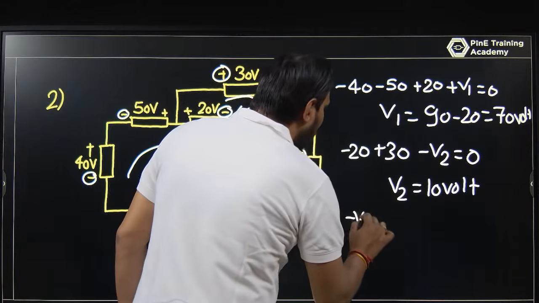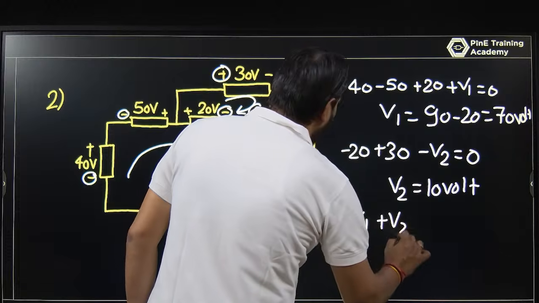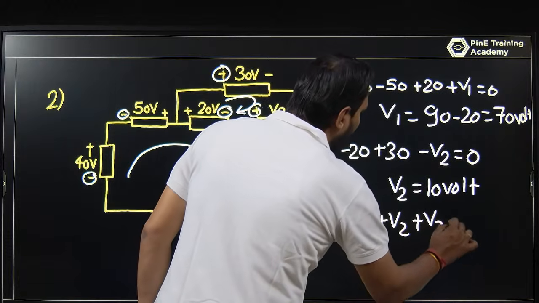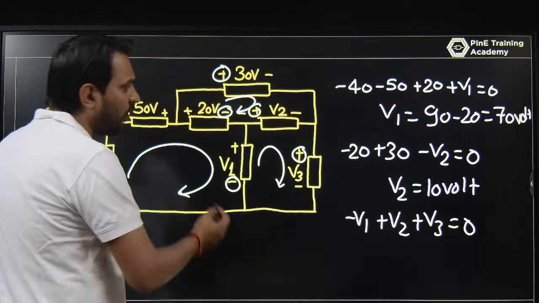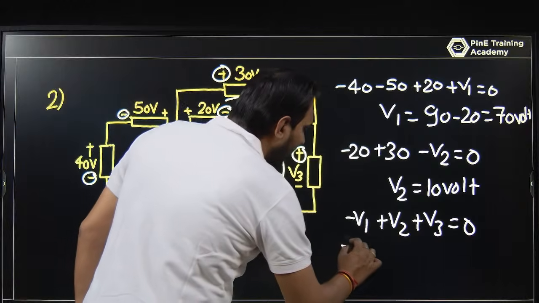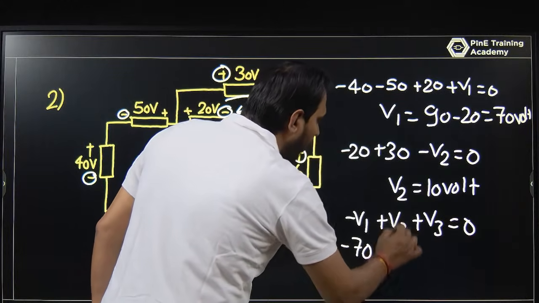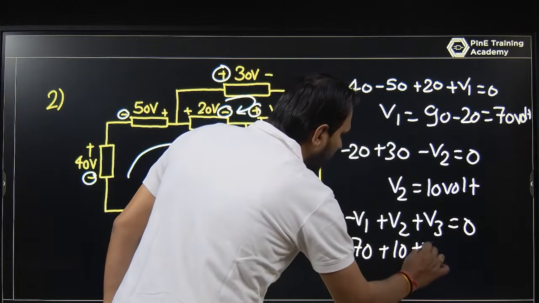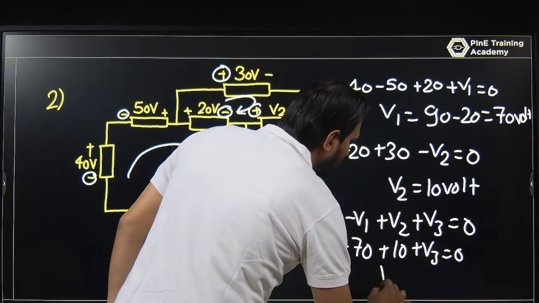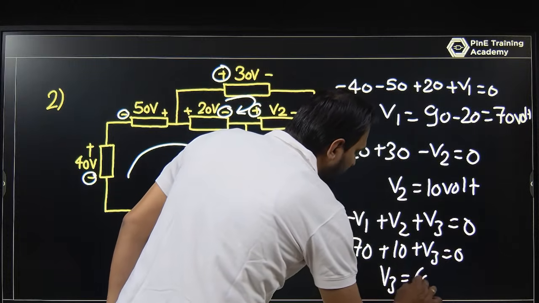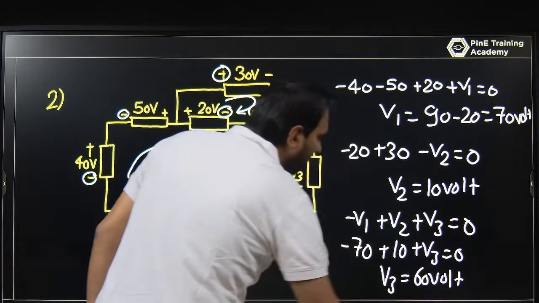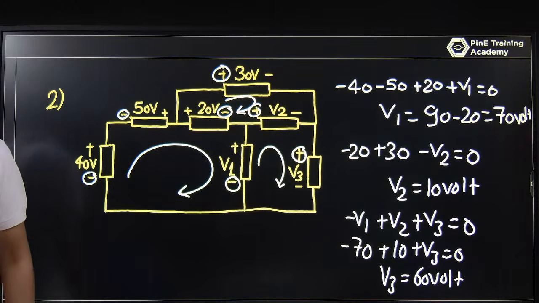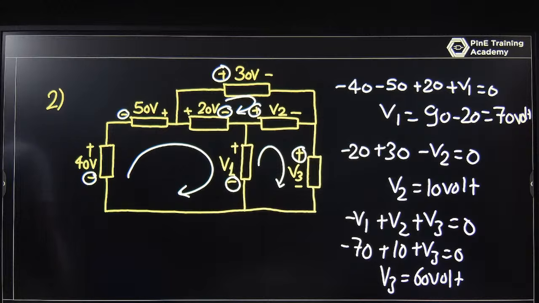So this is minus V1 plus V2 plus V3 is equal to 0. So V1 is what? That is 70 volt, minus 70. V2 is 10. This is V3. So V3 is equal to 60 volt. So you have that type of value.